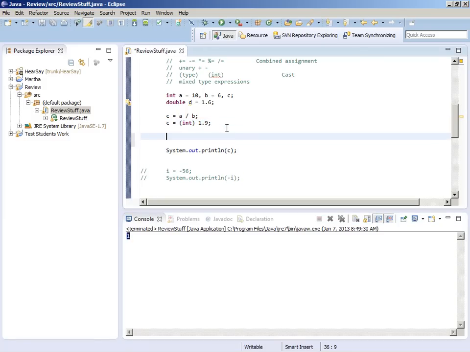Let's look at a mixed type expression. Here's a variable also with a very poor name, d2 gets a. And I'm going to print out d2. So here's a mixed type expression where an integer is assigned to a double, and that's allowed because this is an upcast.